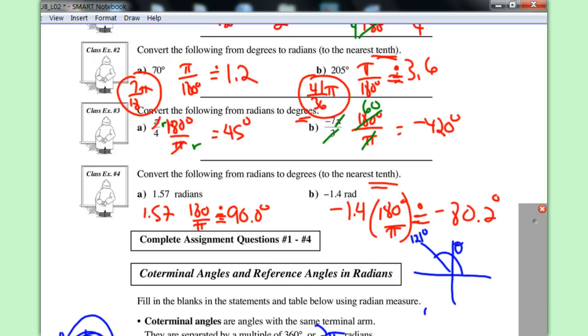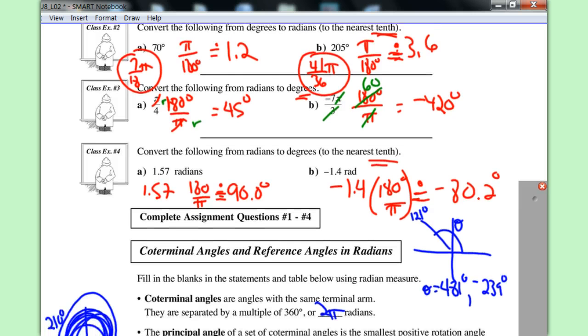If I add 360 to that, that would be 481 degrees. If I subtract 360 from that, I would get minus 239 degrees. So those are just two of the coterminal angles.